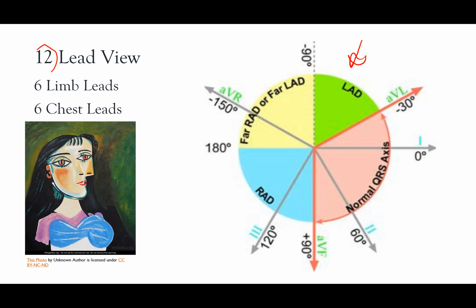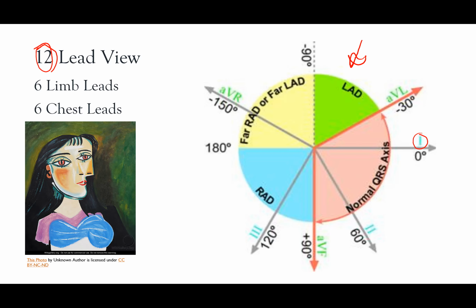So this picture here of the circle with all the arrows going through it kind of tells you, of those 12 leads, what part of the heart is each of those leads giving you a picture of. So you'll notice we have some colors here, some in blue and some in green. The ones in blue are just Roman numeral numbered.